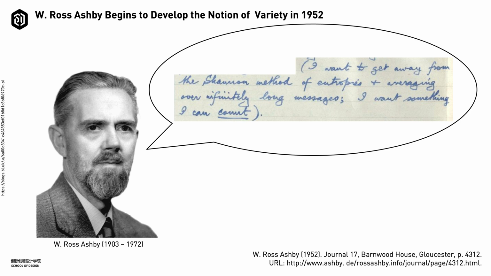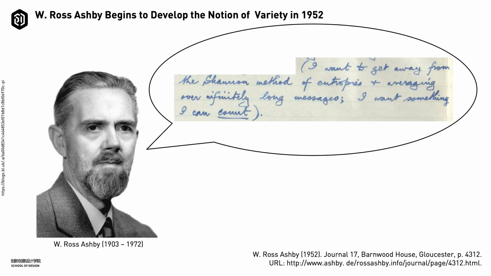I want to move away from those infinite messages because I know in my control loop things are generally finite. I want something else. And he says, I want something I can count. So he invents variety. Variety basically means number of states a system can assume.